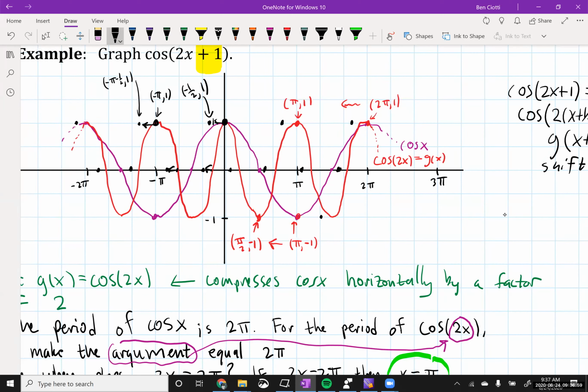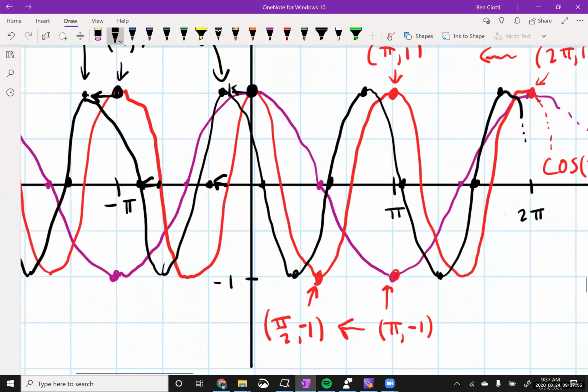Okay, now let me try to connect those dots. Let me fix this dot.